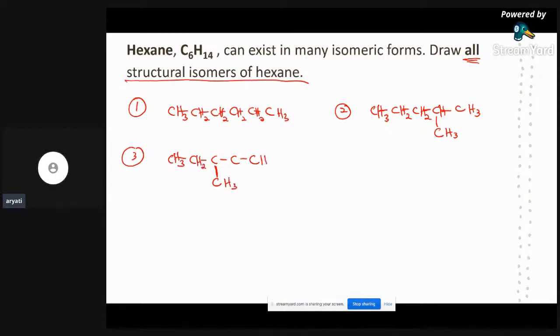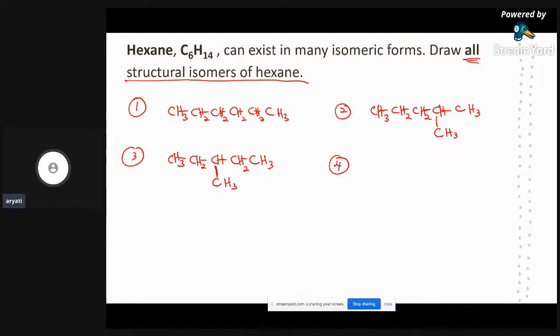Okay. So sini 3, 5, 8, 11. Okay. 1, 2, 3, 4, 5, 6, 7, 8, 9, 10, 11, 12, 13. Okay, 1H, 14. Okay, structure number 4.